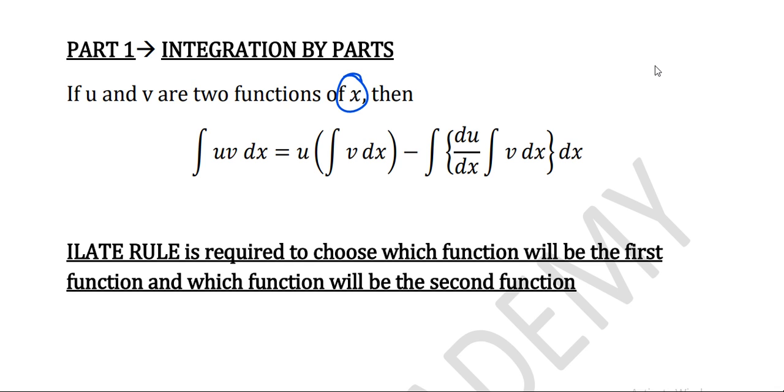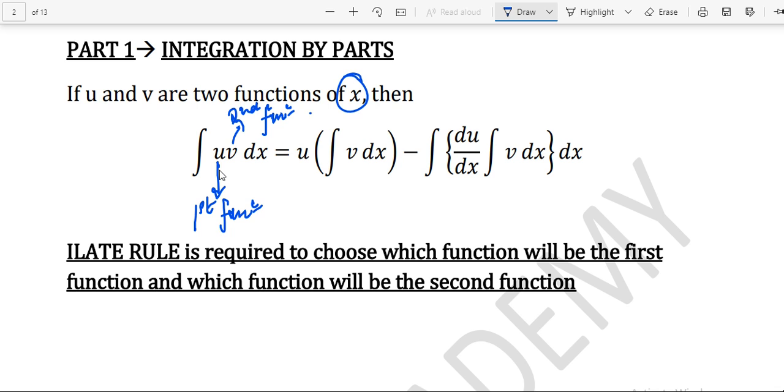So integration of u into v dx is given by u times integration of v dx, minus integration of du by dx into integration of v dx, whole dx. Here u is the first function and v is the second function.